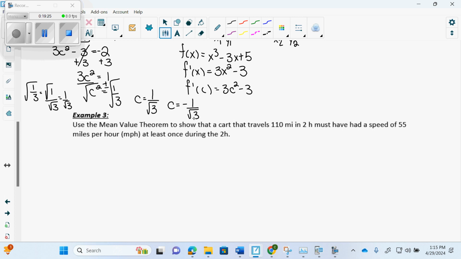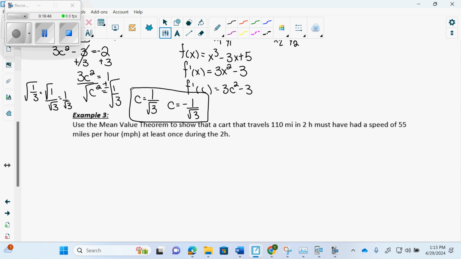Does that fit in my restricted domain? That you always have to check. Sometimes you're going to get c values that actually don't fit. Like you might get a c value that is outside of the domain. But do both these work? Yes. So both of these work. And they are good. All right.